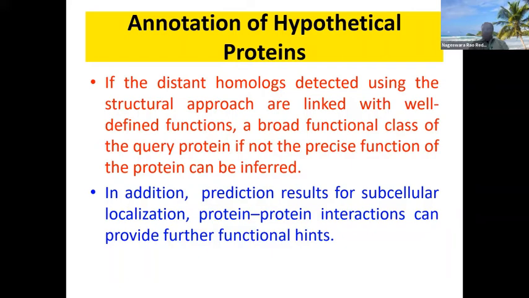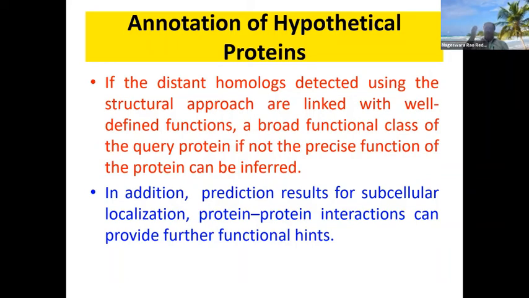The distant homologs detected using the structural approach are linked with well-defined functions, a broad functional class of the query protein. If not, a precise function of the protein can be inferred. That is what we said with structural approaches. But if these also fail, then we have another method, which is to know the subcellular localization, where this protein is present in a cell.